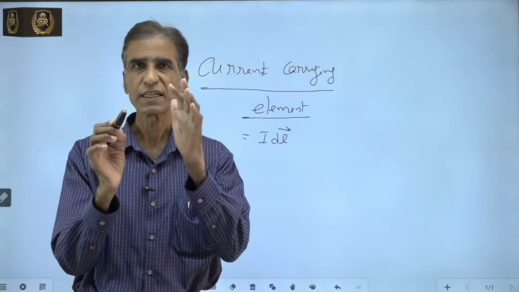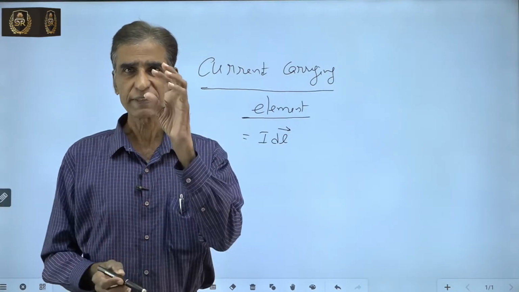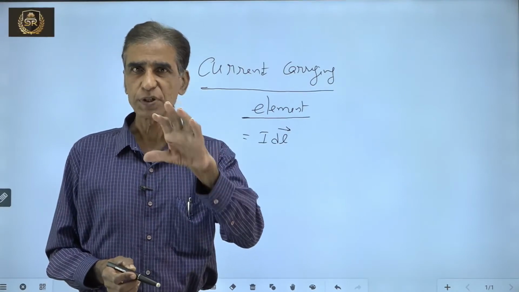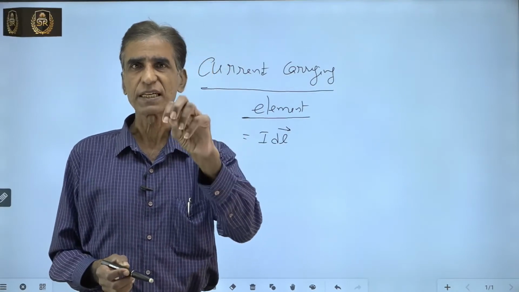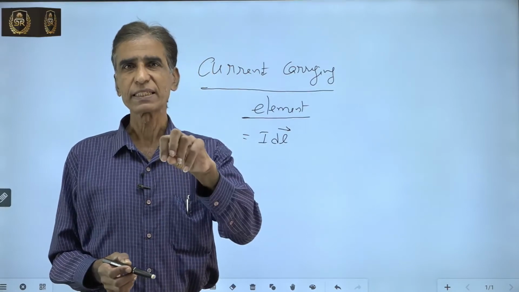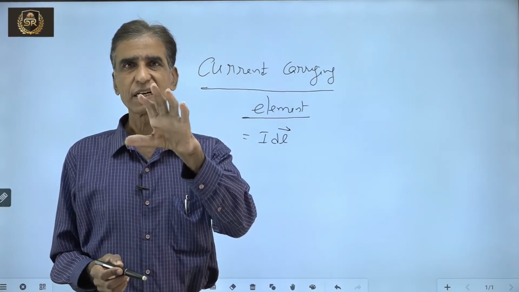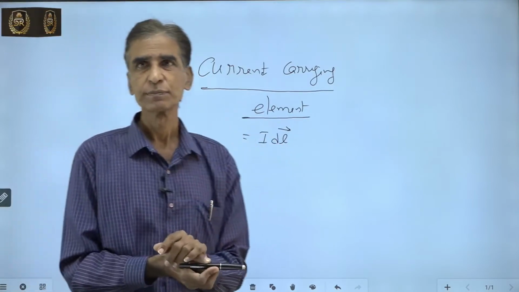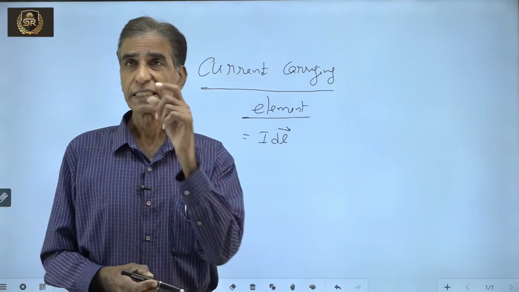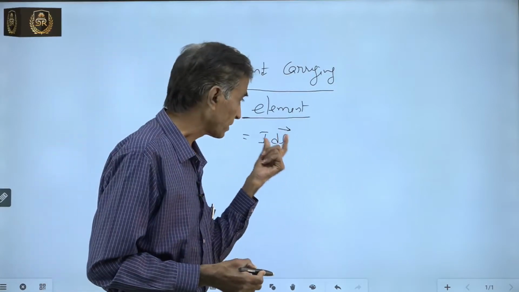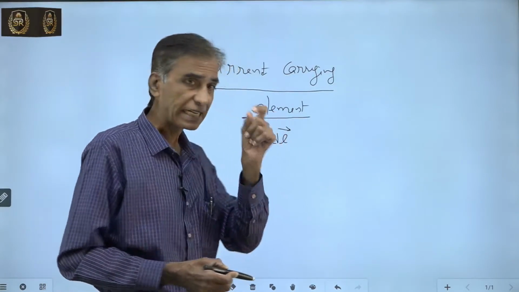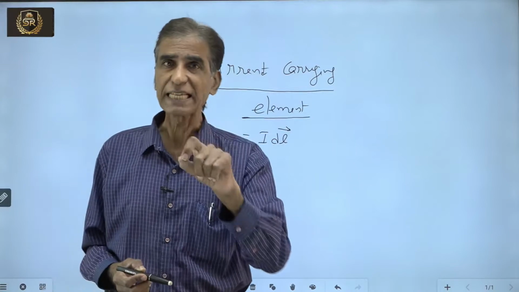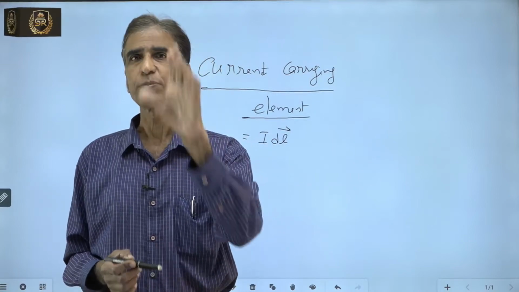Whatever effects are produced in electrostatics by a charge, in electrodynamics the same effects are observed due to this current element. The direction of the current element is the direction of the tangent drawn at that point.